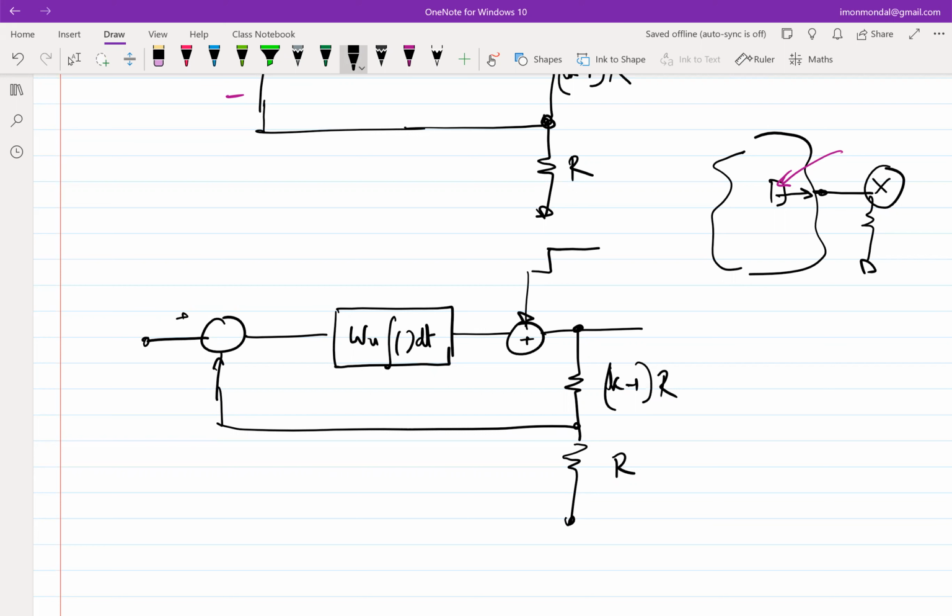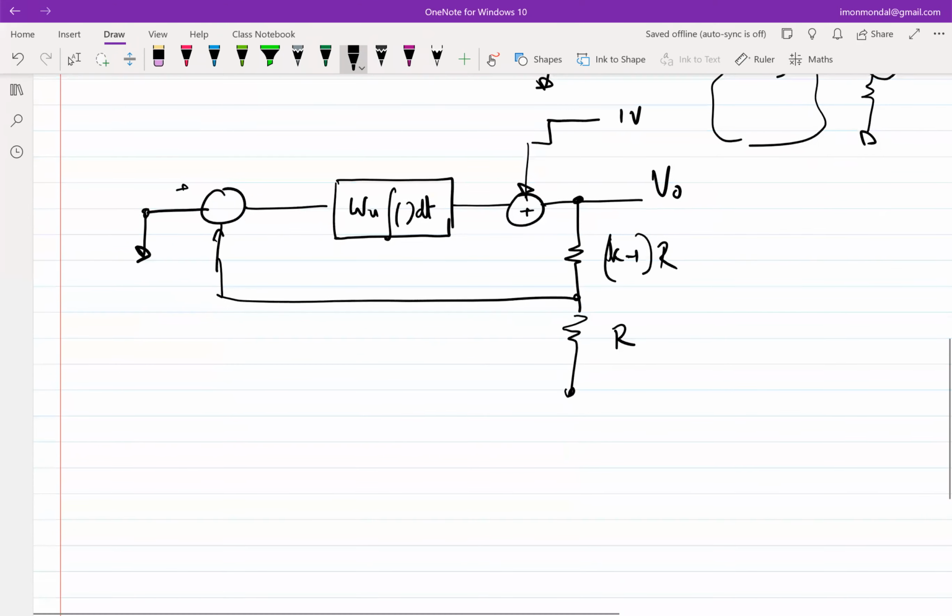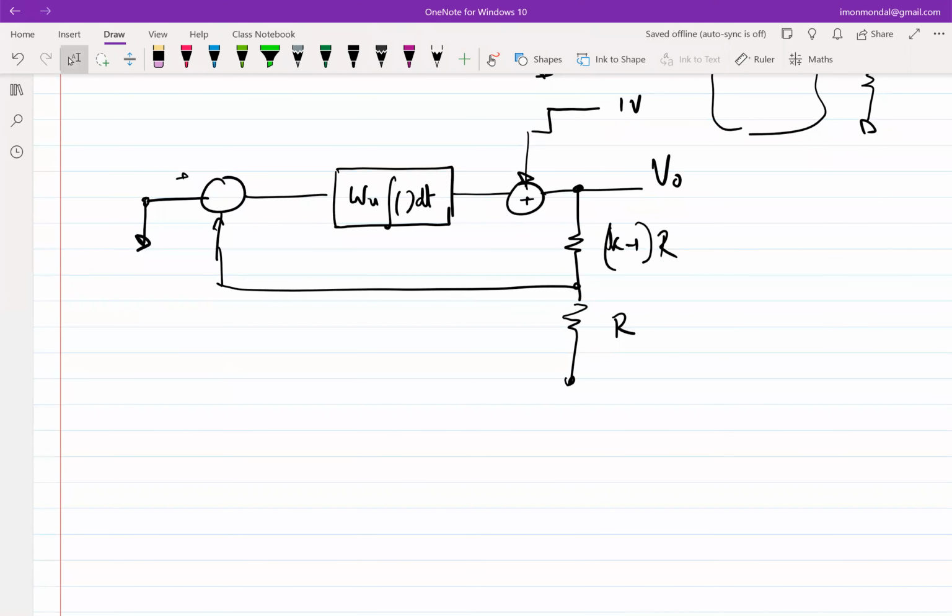I have inserted a step input. It's a 1 volt step, and let's assume the input is grounded. Can you comment on what V naught will look like eventually as a function of time?